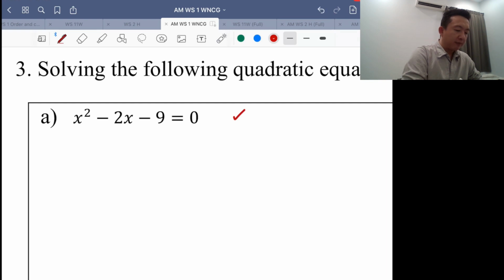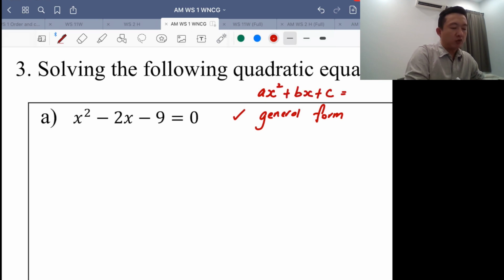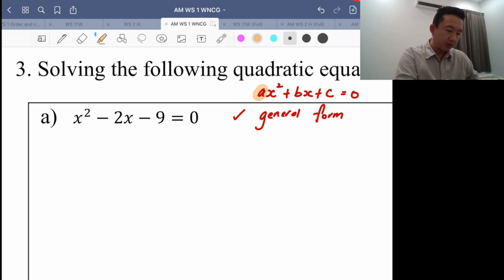When we talk about general form, make sure you remember that the general form for a quadratic equation is ax squared plus bx plus c equals 0. That is a quadratic equation. Just a quick recap: a is the coefficient for x squared, b is the coefficient for x, and c is the only constant.